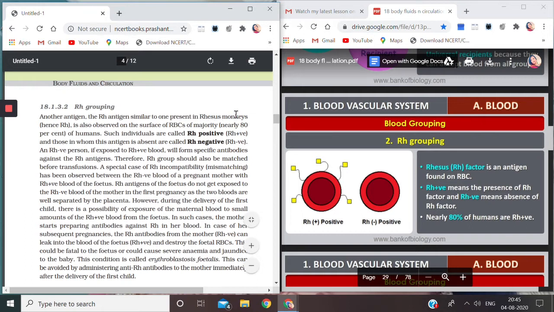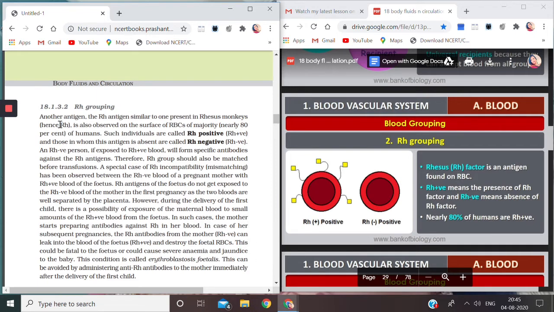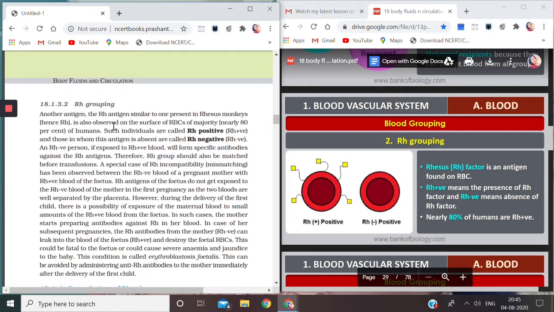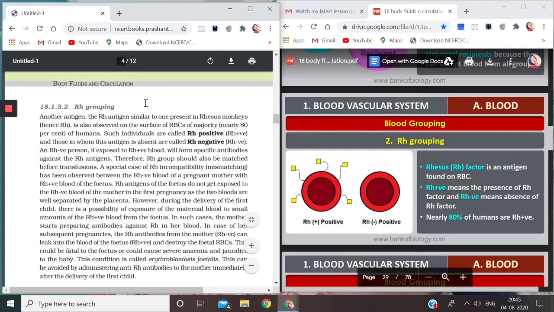If the same antigen is present in human blood, then we are considered Rh positive. This is written as R capital and H small for rhesus because of the breed. So they gave this name Rh grouping or Rh antigen.